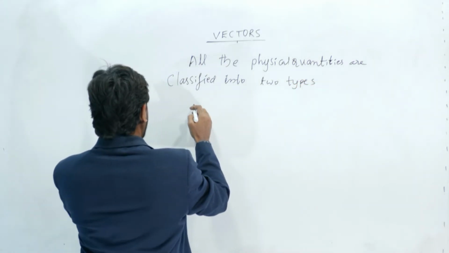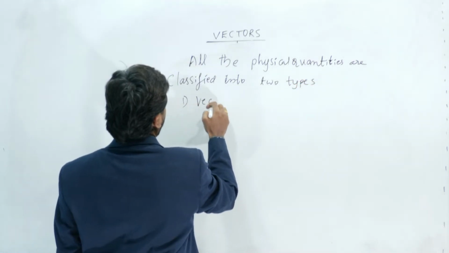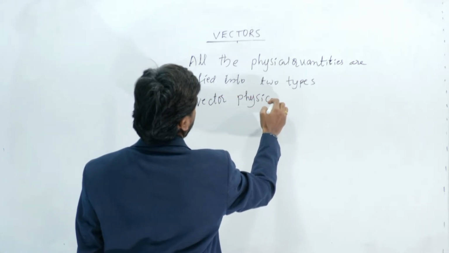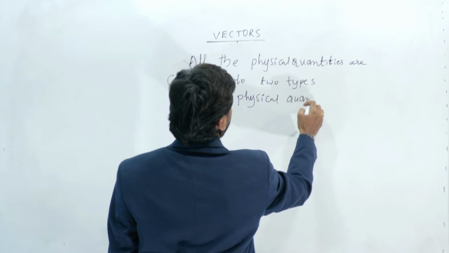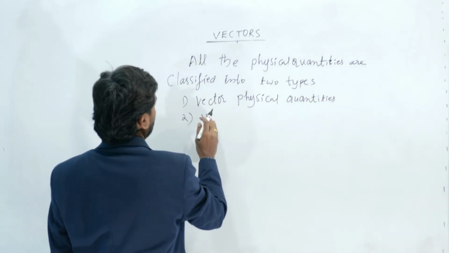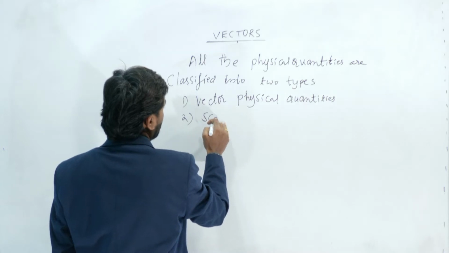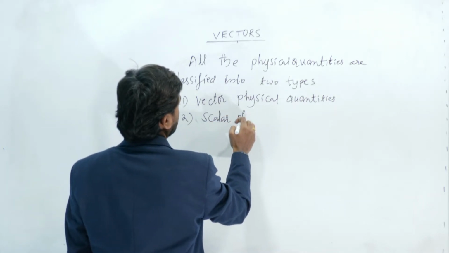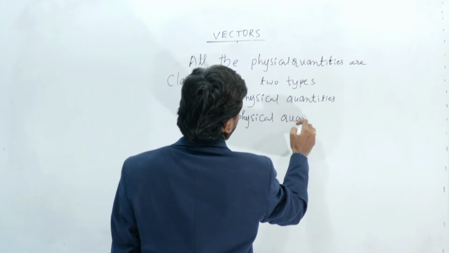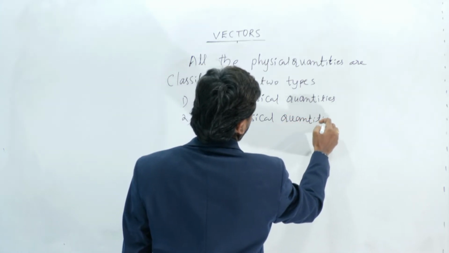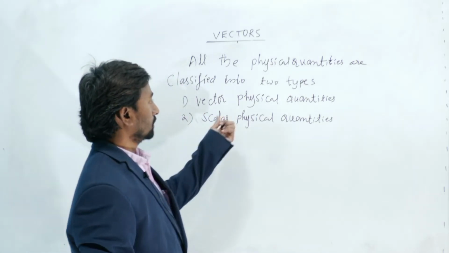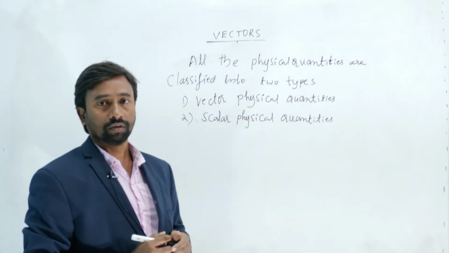The first one is vector physical quantities, and the second one is scalar physical quantities.